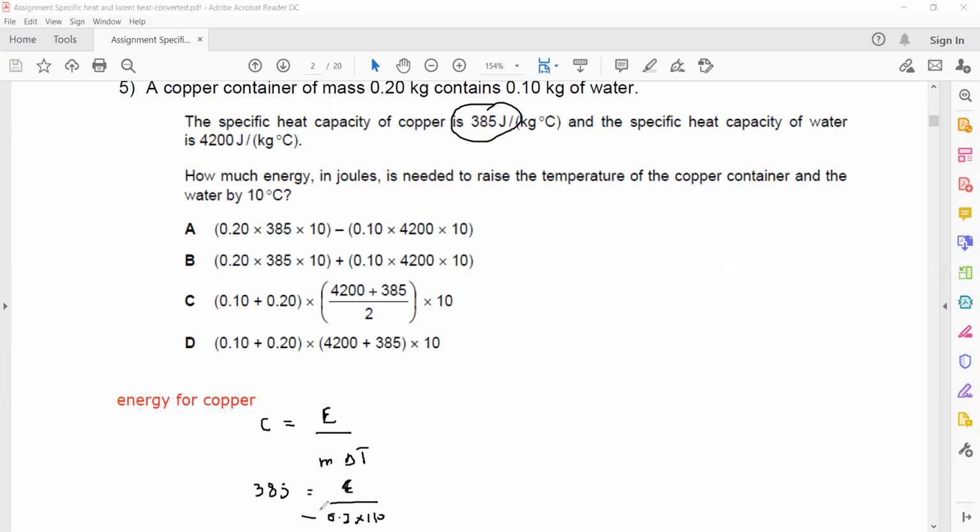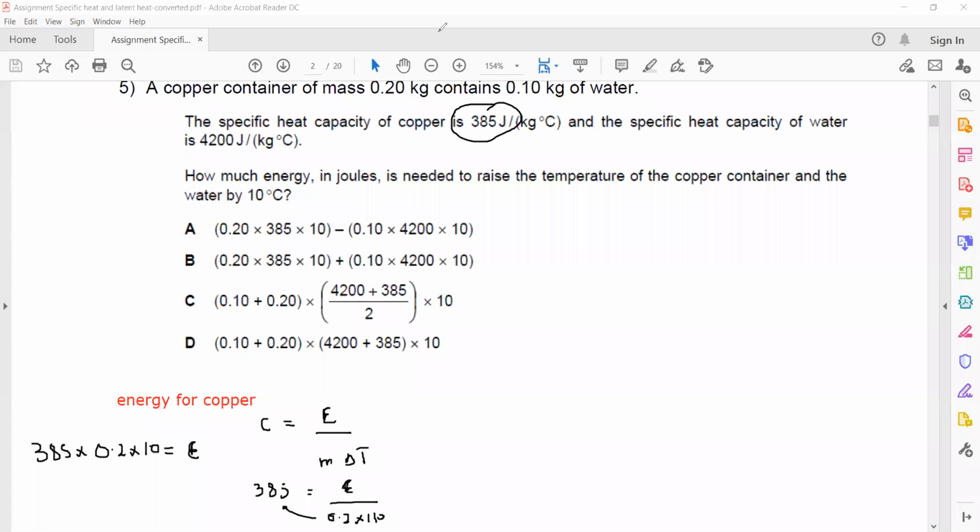So 0.2 multiplied by 10 moves to the other side, and the energy is 385 multiplied by 0.2 multiplied by 10.